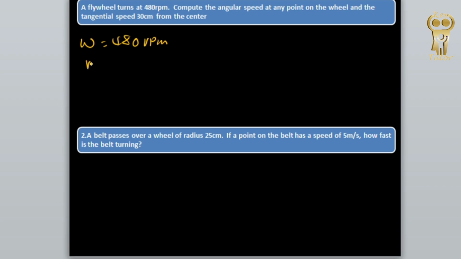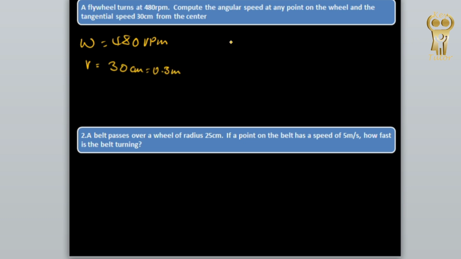There is another given value, which is the radius: tangential speed 30 cm from the center. So r equals 30 cm, which equals 0.3 meter.